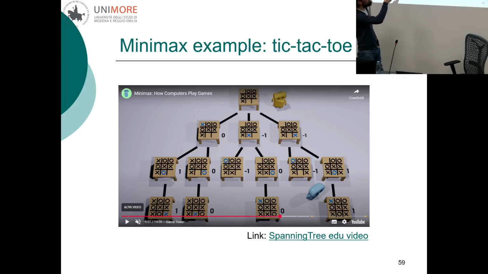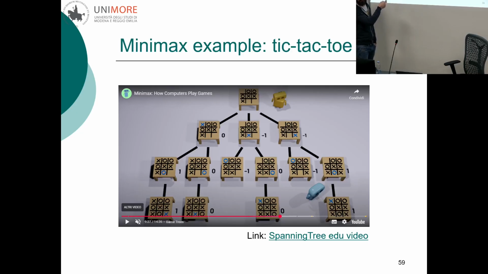That will be the new game state. From this game state, my opponent could do two admissible moves. Either put a circle here or put a circle here. In one case, I can put the cross and win. In the other case, I will be forced to put the cross here and draw. So, here I win. My payoff, my reward will be 1. Here I draw, my reward will be 0.